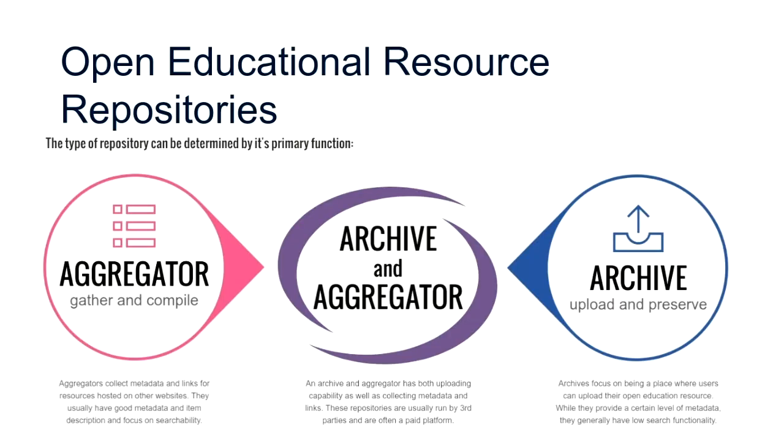So now I'm going to talk about open educational resource repositories. Usually, when people are searching for open educational resources, they tend to use what they're used to, which would be Google searching. But there are repositories that have been developed that particularly house open educational resources.